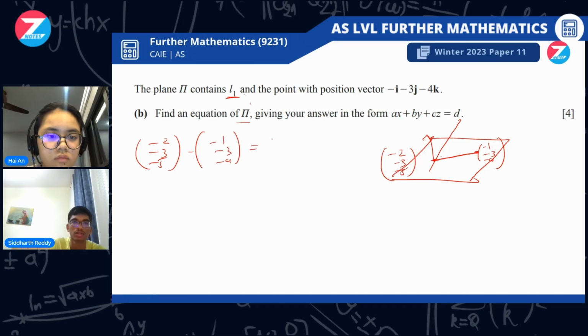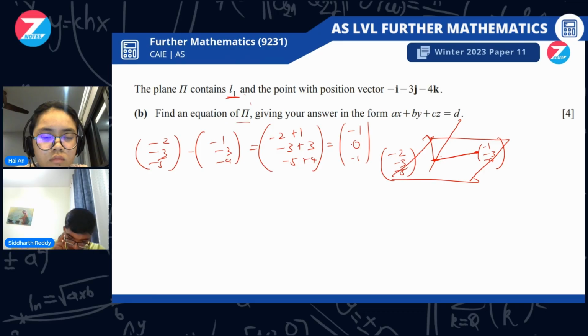It's just minus 2 plus 1, minus 3 plus 3, and minus 5 plus 4, which is minus 1, 0, minus 1. And again, since direction is the only important thing, we can just get rid of these minuses. We'll make it a little easier. So 1, 0, 1.